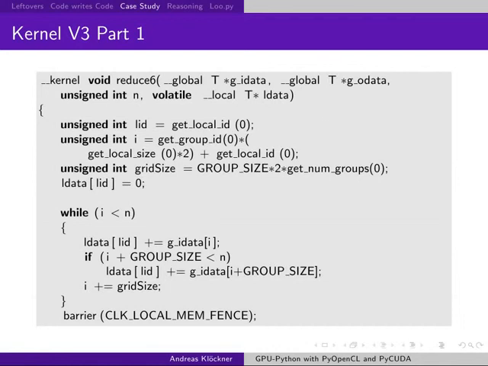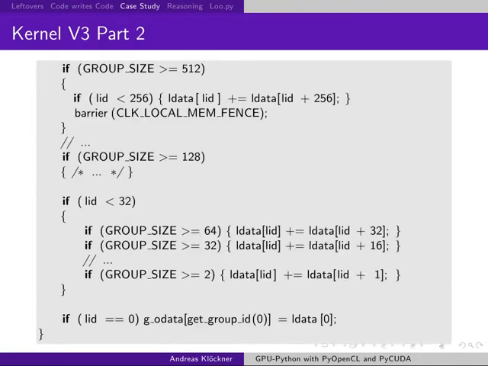That is what this while loop initially does. Then we have a barrier. Then we reduce a couple of times until we reach the boundary of the size of a work group, of a warp, of a SIMD group, at which point we don't have to do barriers at each reduction anymore because things are implicitly synchronous.